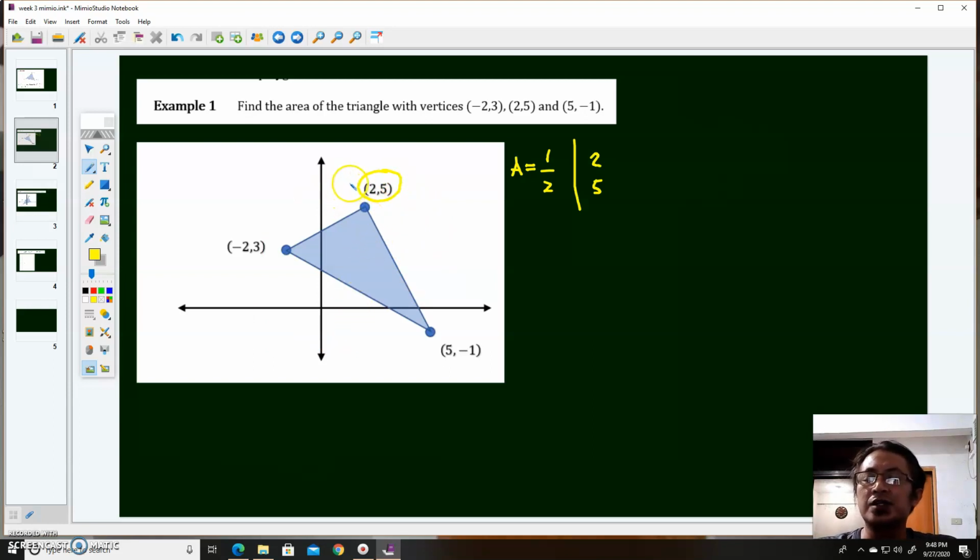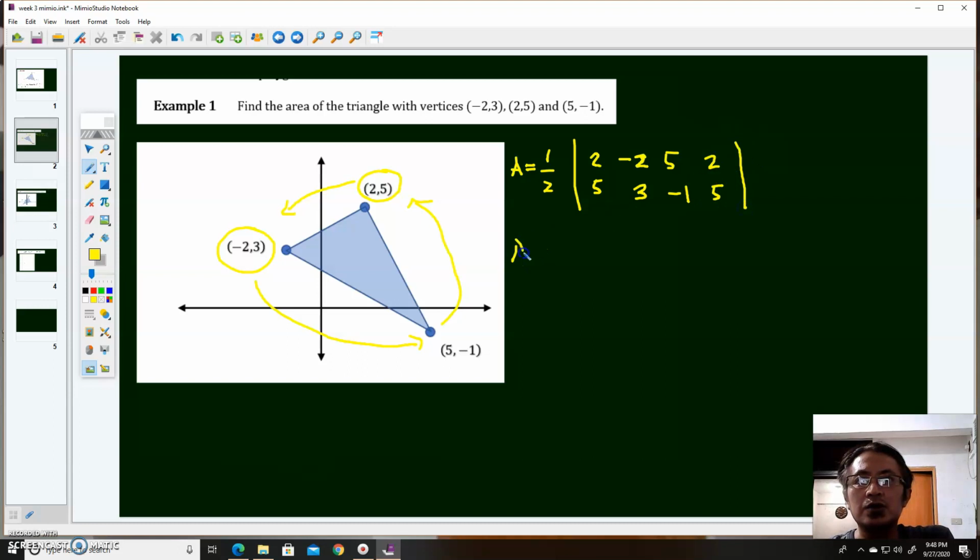Let's do it the other way this time, in a counterclockwise direction. So the next coordinate is (-2, 3), and the next coordinate is (5, -1), and then we end up where we started, so 2, 5.